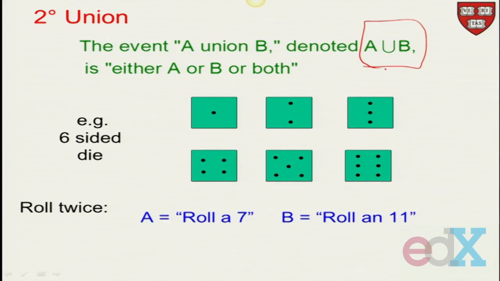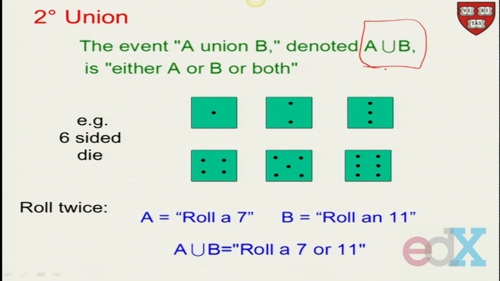If we roll it twice, then the event A might be that we roll a 7, and the event B might be that we roll an 11. And so A union B might be roll a 7 or an 11 when we roll this die twice.